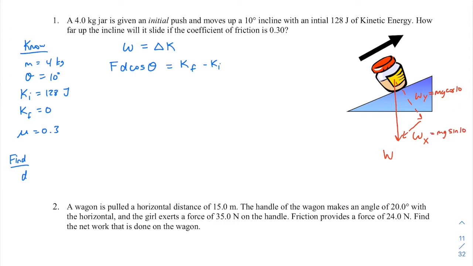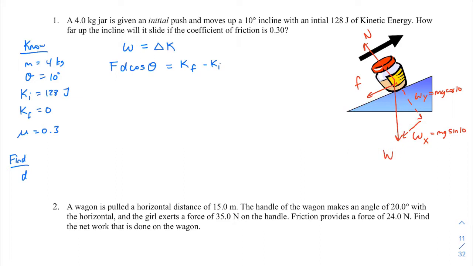That's just forces on an incline. And then I have normal force, and I have friction. So the forces that are causing the change in kinetic energy are two: friction and weight, the Wx component, and those are both pointing downwards along the slope.